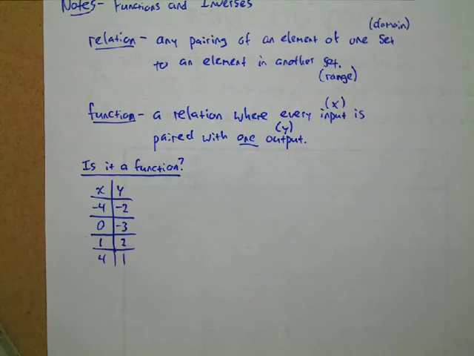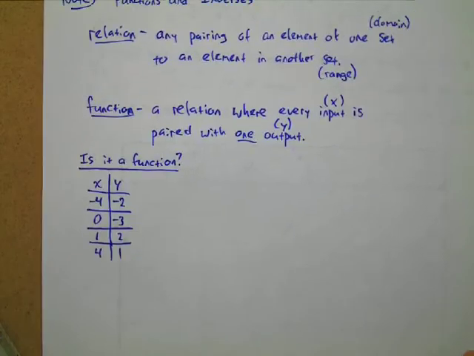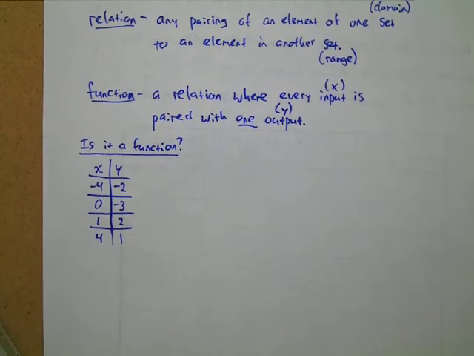I made a little table there for us. Again, remember, a function is a relation where every x is paired with one y. Is that so here? Is every x value paired with one y value? Negative 4 is paired with negative 2. 0 is paired with negative 3. 1 is paired with 2. 4 is paired with 1. So, yep, it's a function.